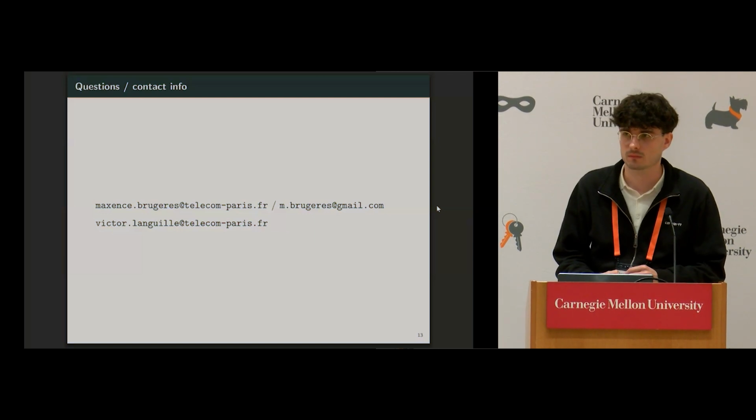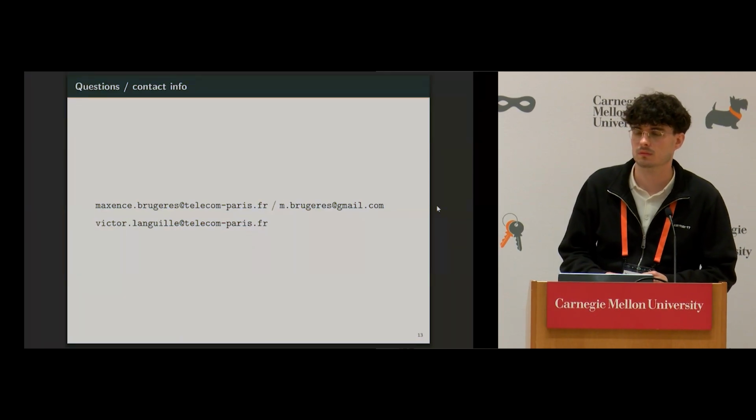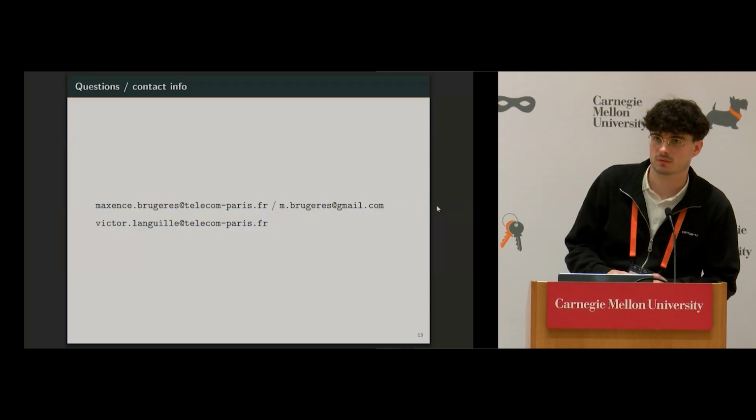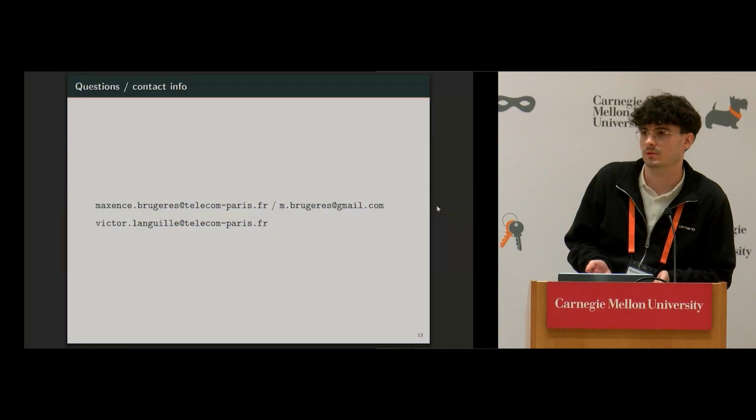I was just curious about the communication cost. You said there are some improvements, but is it at the cost of communication? Well, the transaction is just one Groth16 proof, so it's like 3 elements, and the public elements with the public inputs of the proofs.